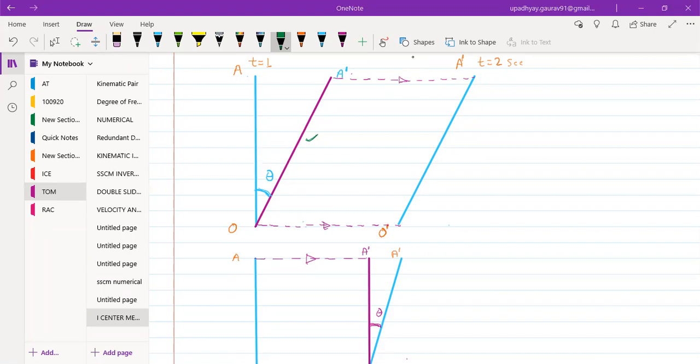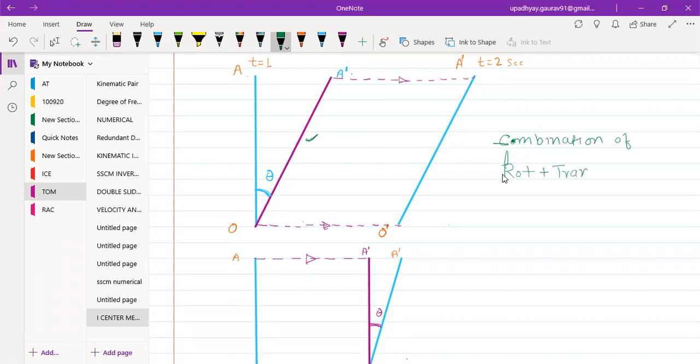If it is the case of pure rotation, we can calculate the velocity of each point on the given link, yes or not? If it is the case of pure translation, it is very easy to calculate the linear velocity of the given link or any point on it, yes or not? But here it is a combination of rotation plus translation.